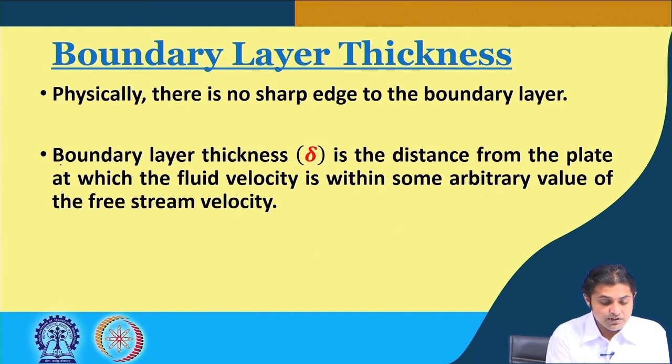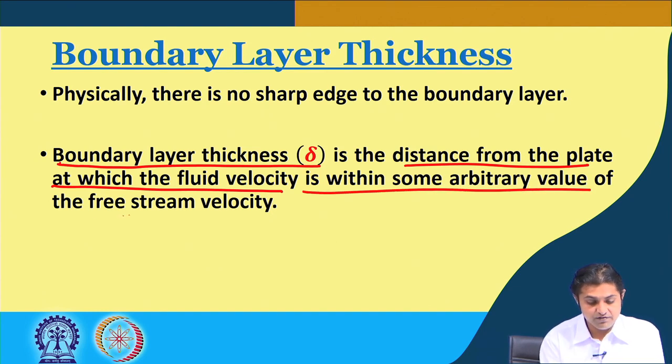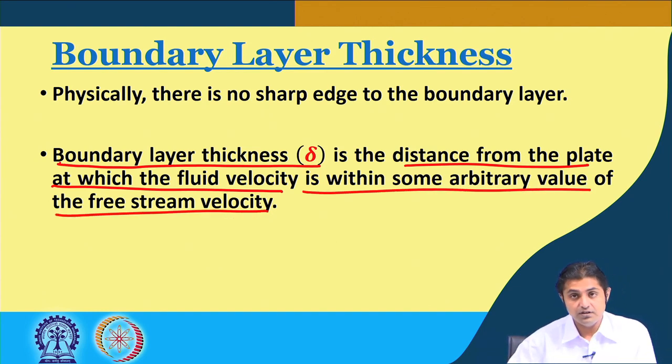So, this is an important term, boundary layer thickness delta. We have seen a similar term in some slides before. And what is this boundary layer thickness? It is the distance from the flat plate over which we have considered the flow, at which the fluid velocity is within some arbitrary value of the free stream velocity.